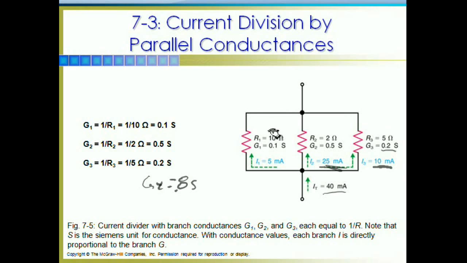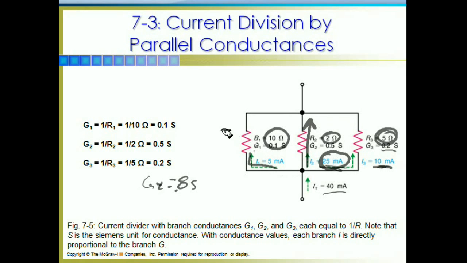Now notice, R1, 10 ohms, it's got 5 milliamps. R3, 5 ohms, 10 milliamps. R2, 2 ohms, 25 milliamps. The branch with the lowest resistance gets the most current.